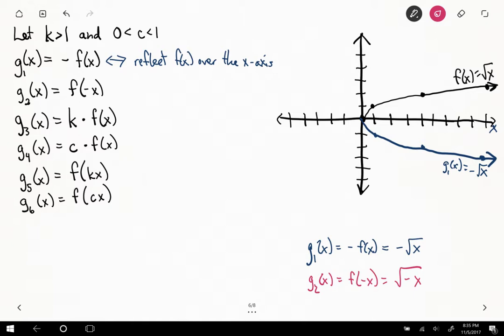So the only types of numbers we can plug in are negative numbers. So notice if I plug in negative 1, I get negative, negative 1. And so that would be positive 1. So you get that point right there. The next one, if you plug in negative, negative 4, you get square root of 4 essentially, which is 2. So we get something like this. And notice, oops.